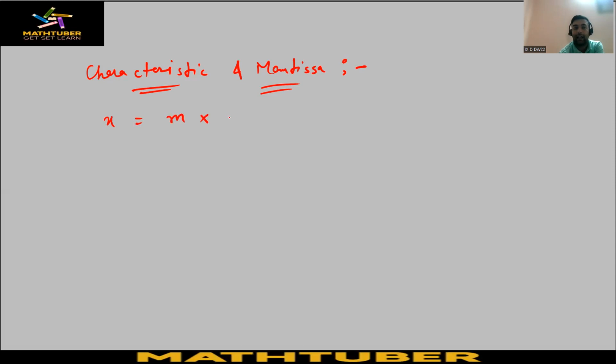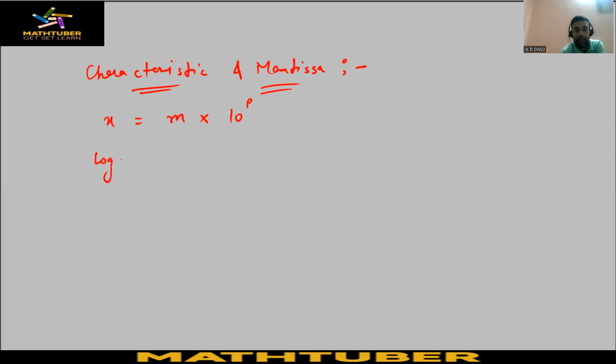So first of all, let us have a look at what is characteristic and mantissa. There are two parts in a log, in a number. One is characteristic and another is mantissa. Suppose x is a number which is written as m into 10 raised to power p, right? There is some power p here, and m is the number which we have to find out.